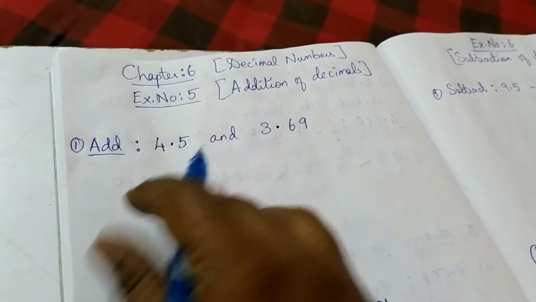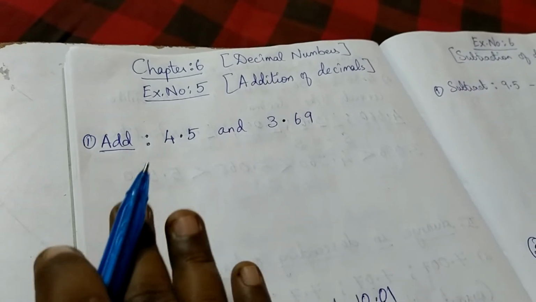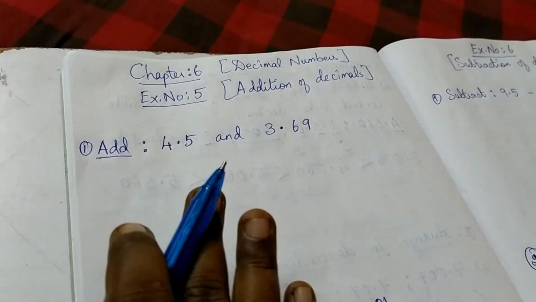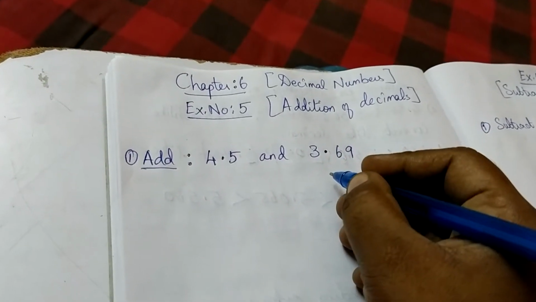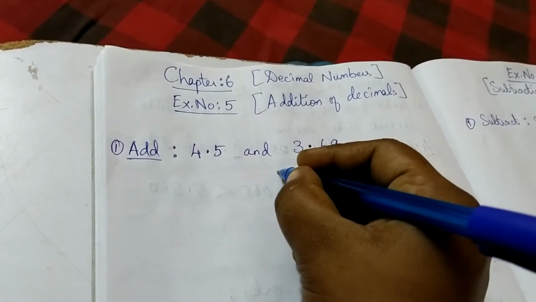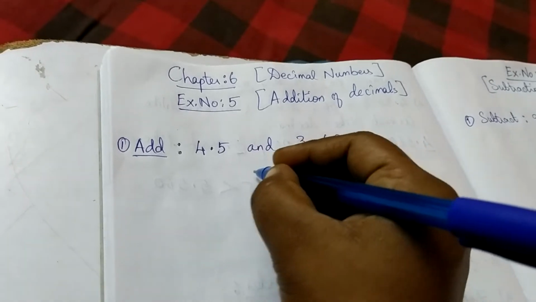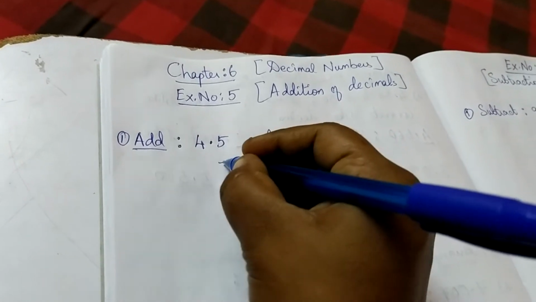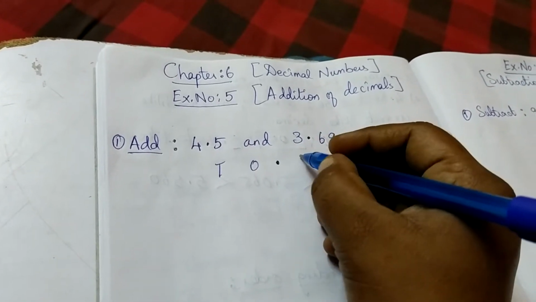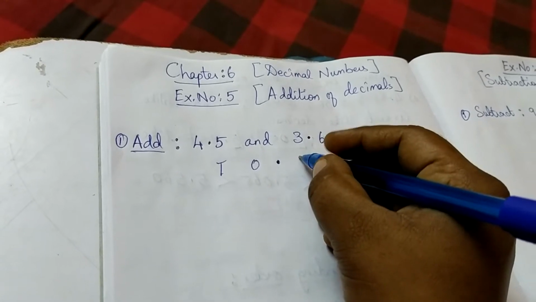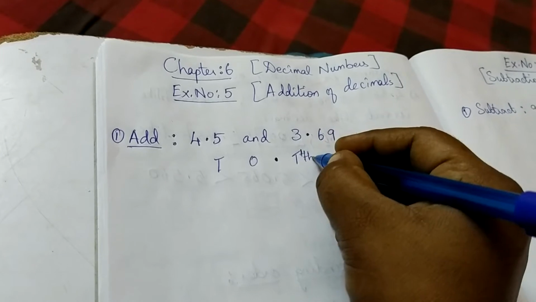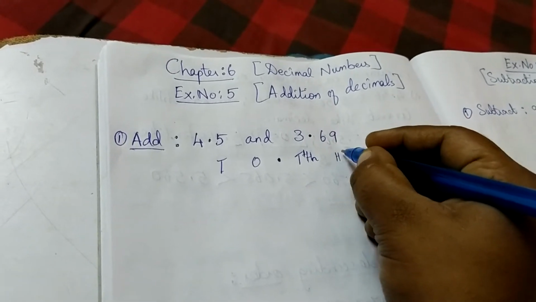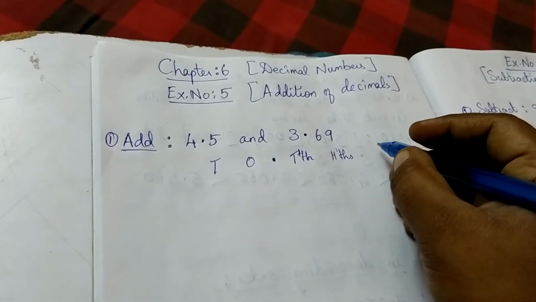Always, when you do addition with whole numbers or decimal numbers, I asked you to write the place values. So decimal point, before decimal point, ones, tens. After decimal, first place value is tenths, hundredths.